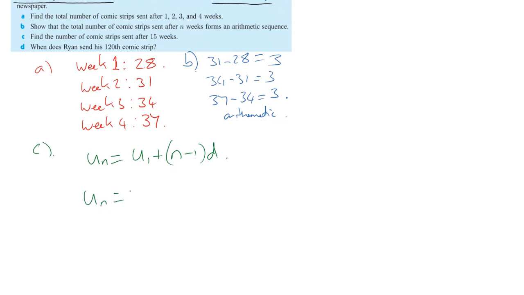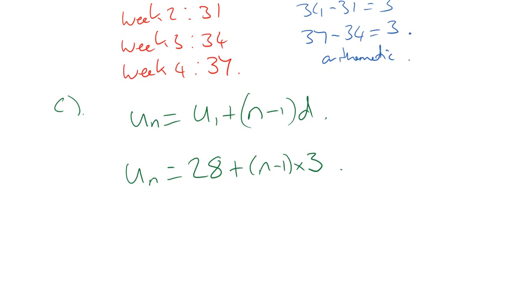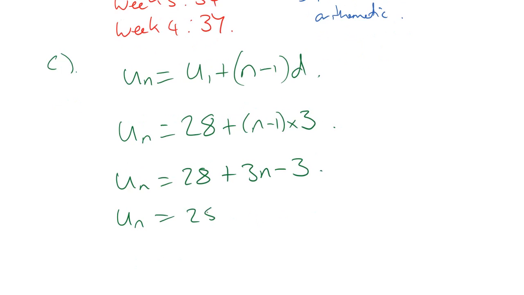Clearly it's 28 plus n minus 1 multiplied by the common difference, which is 3. So we're going to sub in what we found in parts A and B. Let's simplify this. un equals 28 plus 3n minus 3. So the final answer is going to be 25 plus 3n.